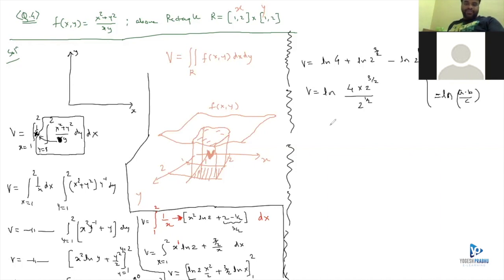Okay. So, can I say V equals 4? Do you know 2 raised to the power 3 over 2? 3 over 2 can be written as 1 plus 1 over 2. So that's 2 to the power 1 plus 3 over 2.